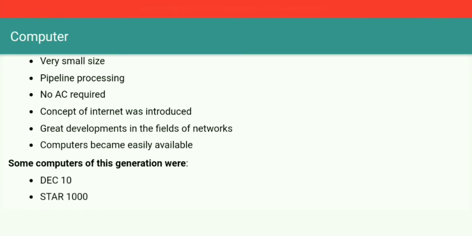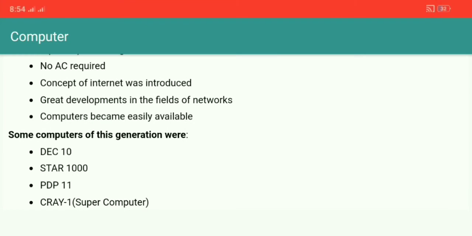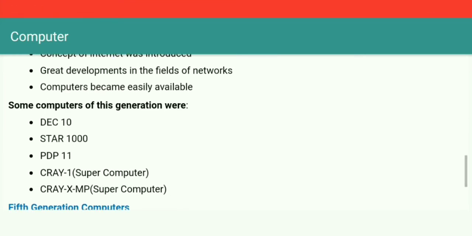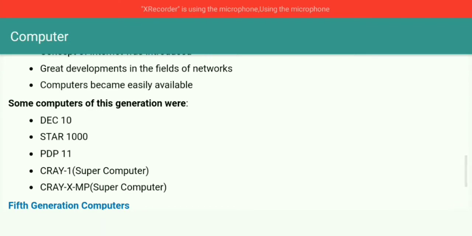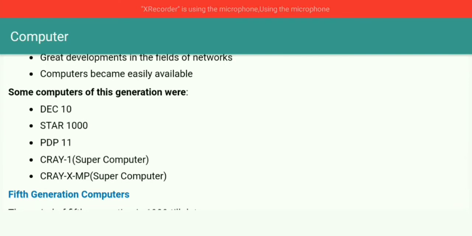Great developments in the fields of networks. Computers became easily available. Some computers of this generation were DEC 10, Star 1000, PDP 11, Cray-1 supercomputer, and Cray-X-MP supercomputer.